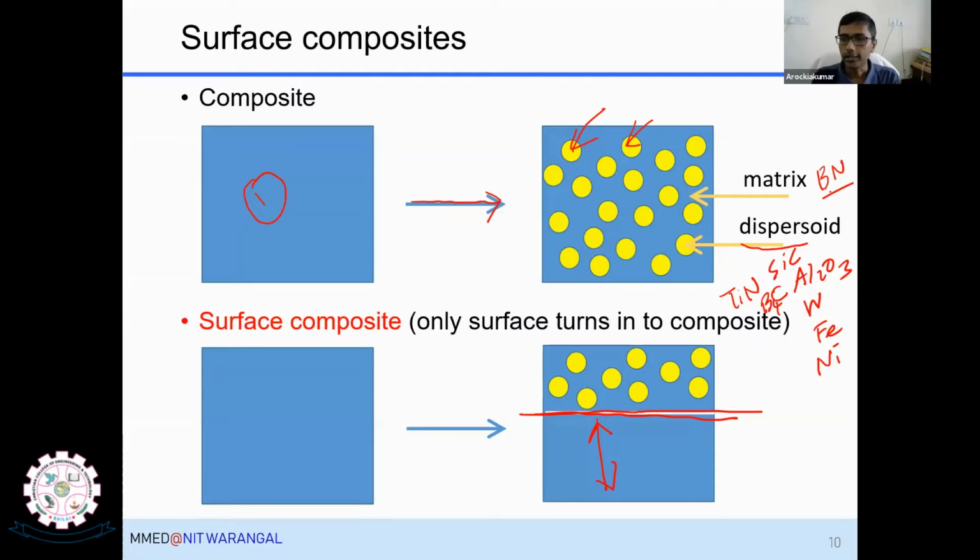You can reinforce these kinds of ceramic particles into the surface. But the conventional process, casting, will convert the whole material into a composite.